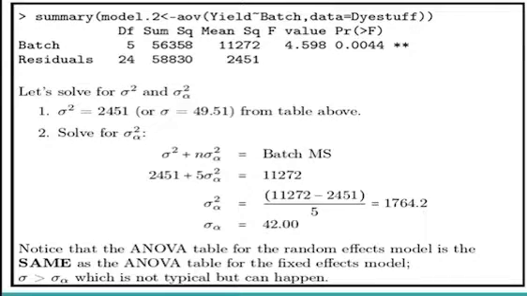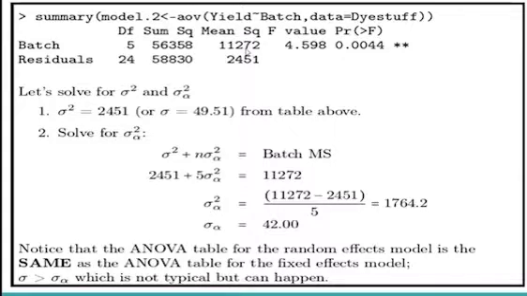What is 11272? That is the mean square for treatment. If you look at that ANOVA table, the 11272 is the mean square batch, which is the mean square treatment. And don't forget, in a random effect model, sigma squared plus n sigma squared alpha must be equal to that.